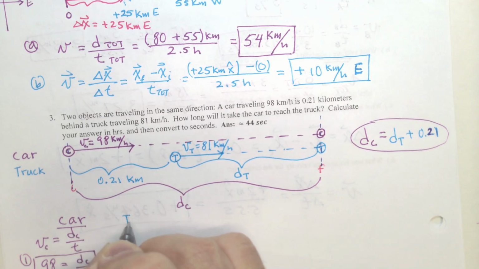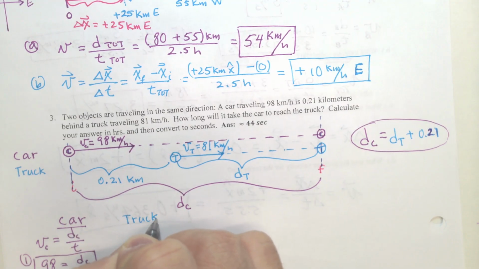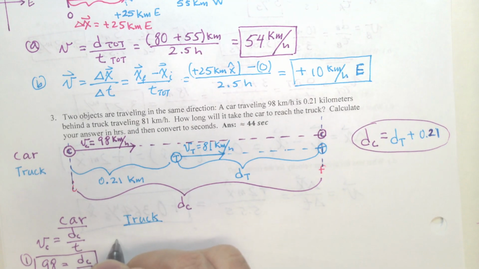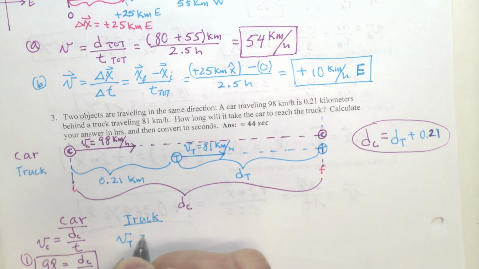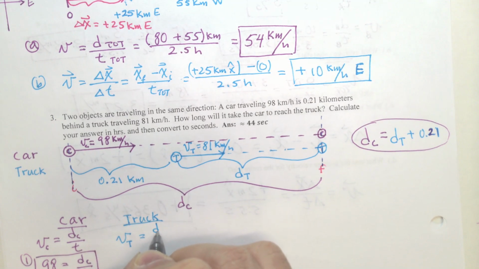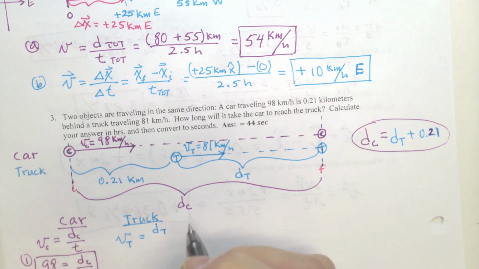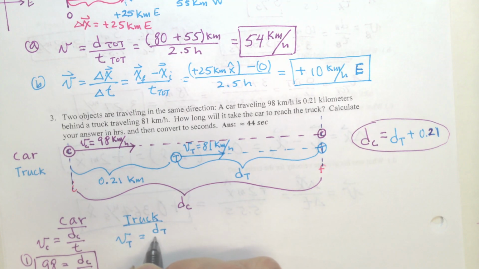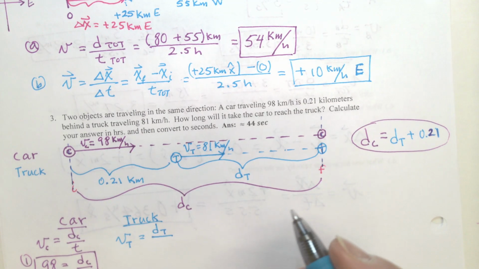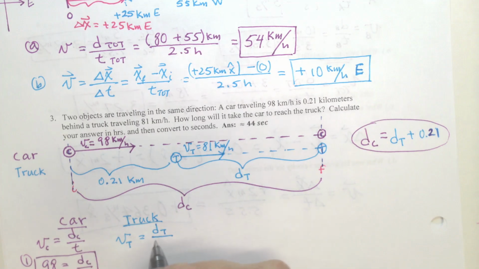Let's take a look at the truck. The speed of the truck is equal to the distance of the truck divided by time.